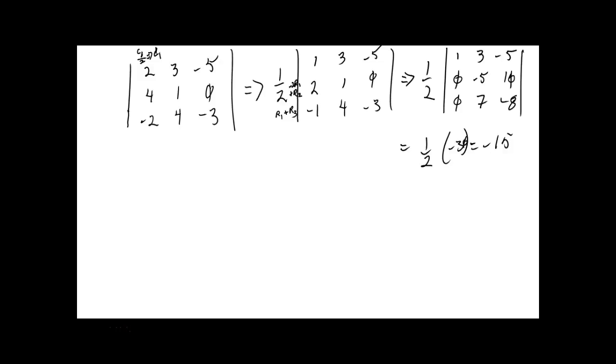Okay. They're saying factor out a 2 of the first column, and before it looked like they were, when B is obtained from A by multiplying a row or a column by a non-zero constant, then the determinant of B is C times the determinant of A.